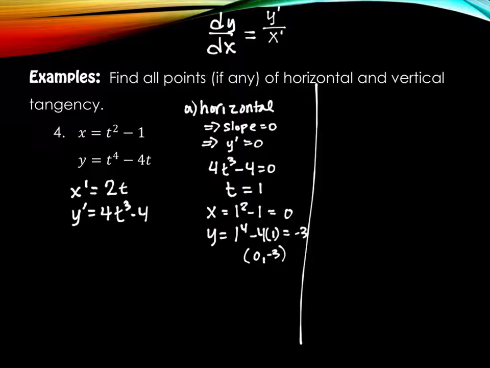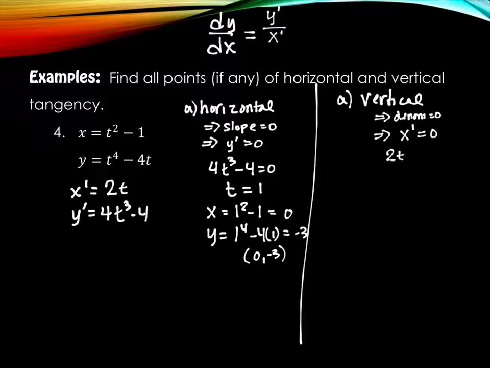Now we're going to do vertical. So vertical tangency. Taking a look at that equation for slope, how do I get a vertical line? Not at 0. Yes, so this would mean that I need the denominator to equal 0, and my denominator is 2t. In general, it's x prime, but yes, it's just 2t.